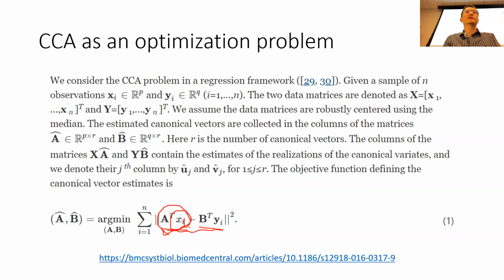And then you want to find the difference between them to make it as small as possible. So this is a norm, and this is a squared norm. Where you want to find optimized values in A and B to make the overall as small as possible. So that's the optimization solution.